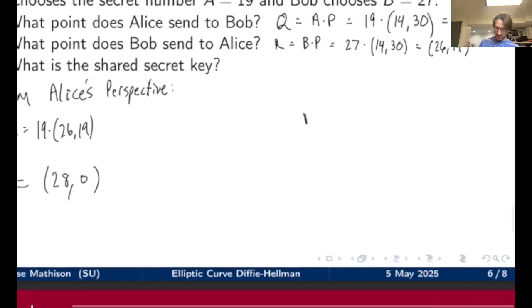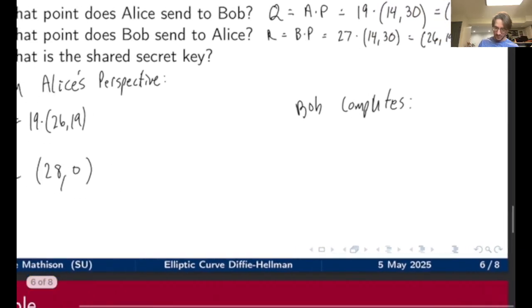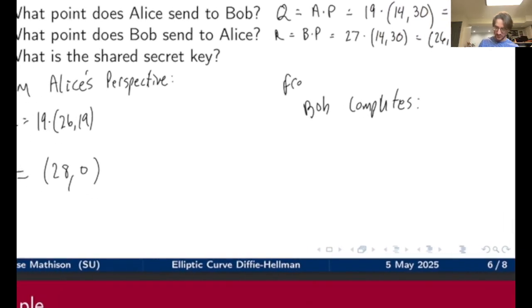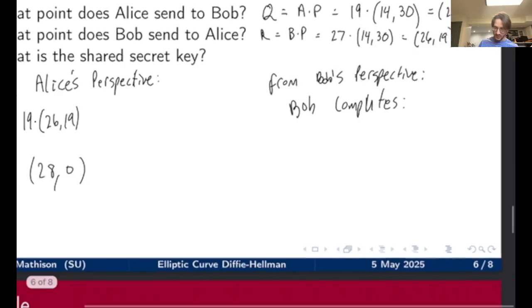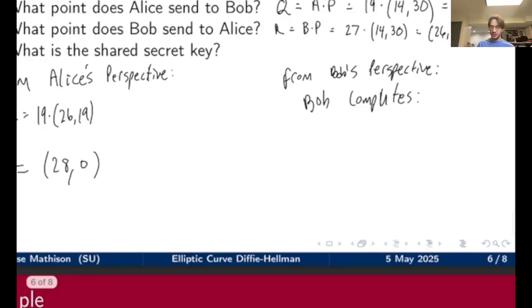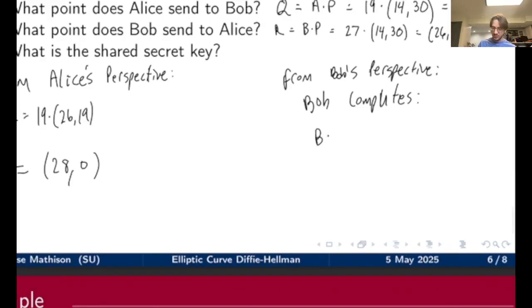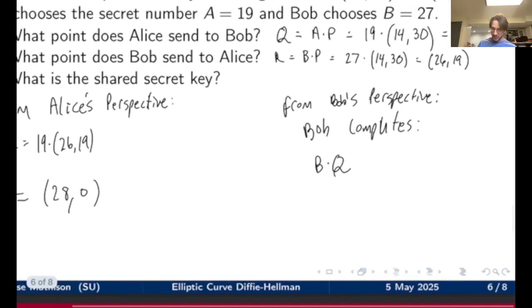Bob computes, so this is from Bob's perspective. Well, he receives Q, and the only thing he can do then is compute B times Q, which is 27 times 28, comma, 0.